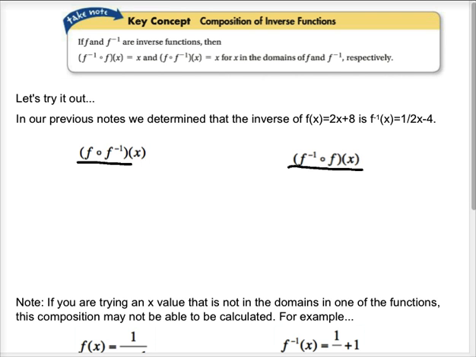So in this one, we're putting the inverse into the original function. So that's going to look like this. I'm putting 1/2 x minus 4 into the 2x plus 8. So 2, and then in the place of x, I'm putting the inverse.